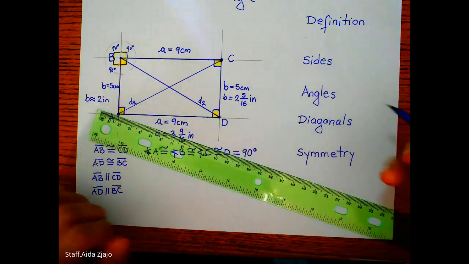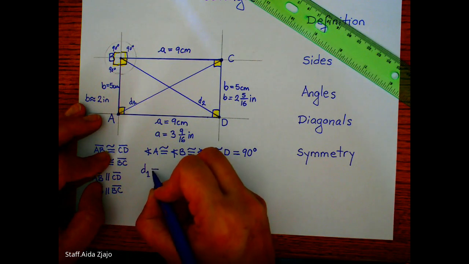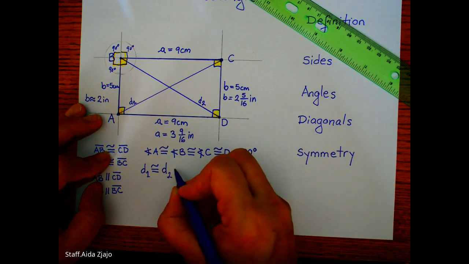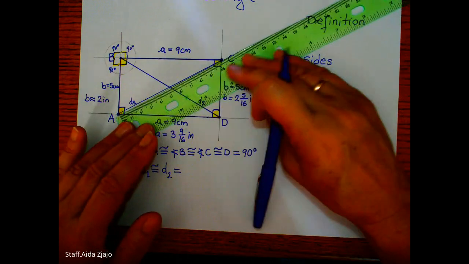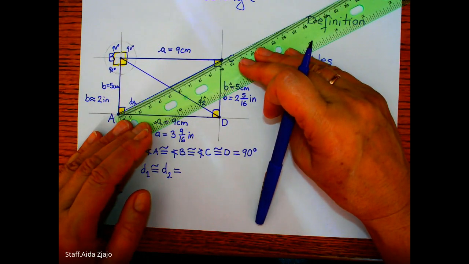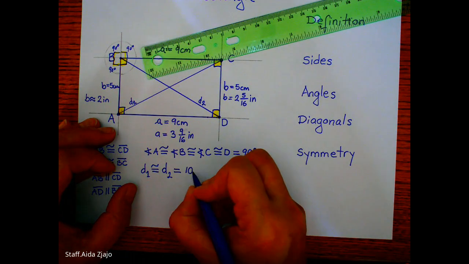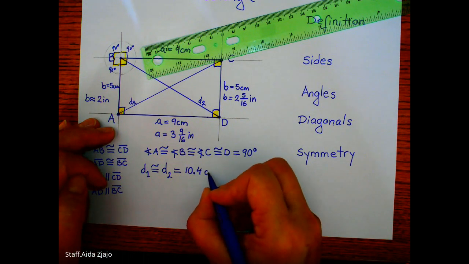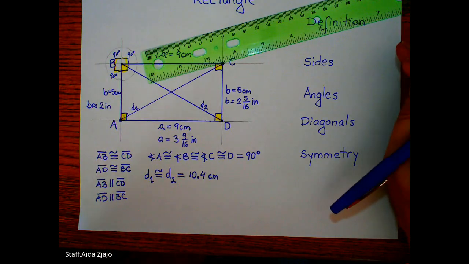So D1 is congruent to D2, diagonal 2, and they both equal 10.4, 10 whole centimeters and 4 more millimeters. We can say 10 and 4/10 centimeters, or we can say 104 millimeters.